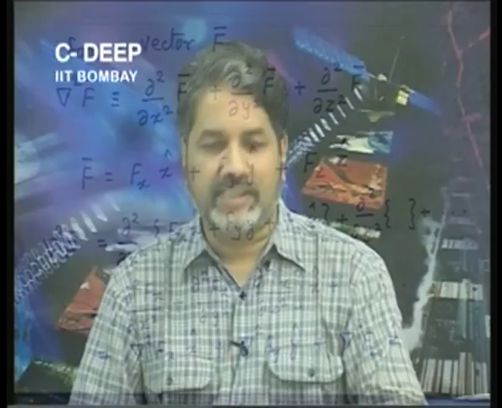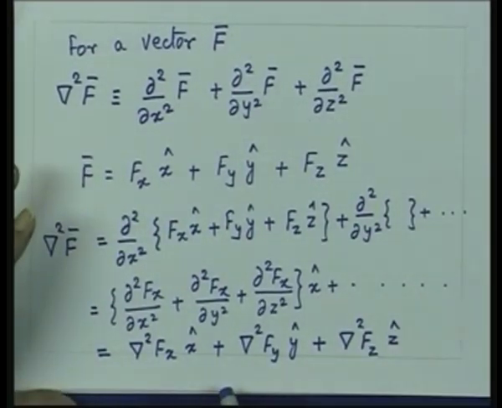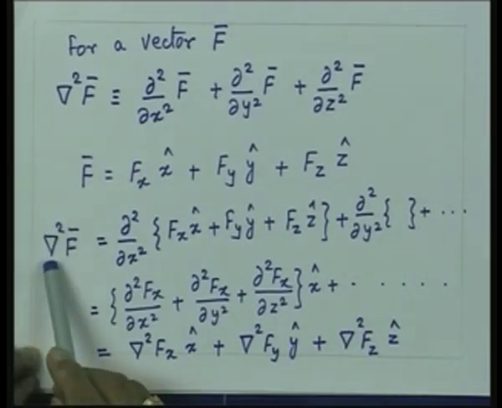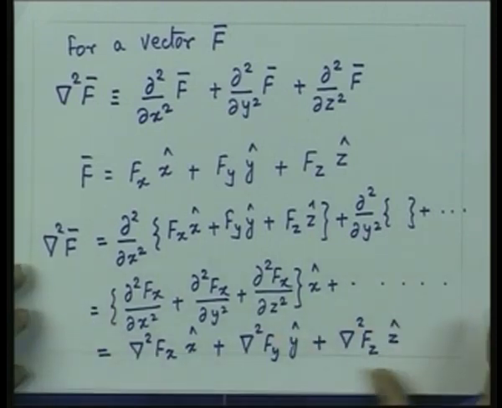So, if I take each of the components of the vector, make the scalar Laplacian operation on each of the components and write the final vector, that will be the quantity which will be del square f, where f is a vector quantity.